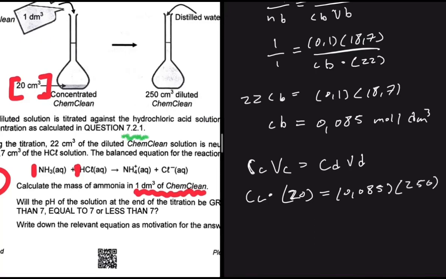So it should be quite obvious what we're supposed to do now. We're going to divide both sides by 20. And if we do that, the concentration of the concentrated will be equals to 1.0625 moles per decimeter cube.